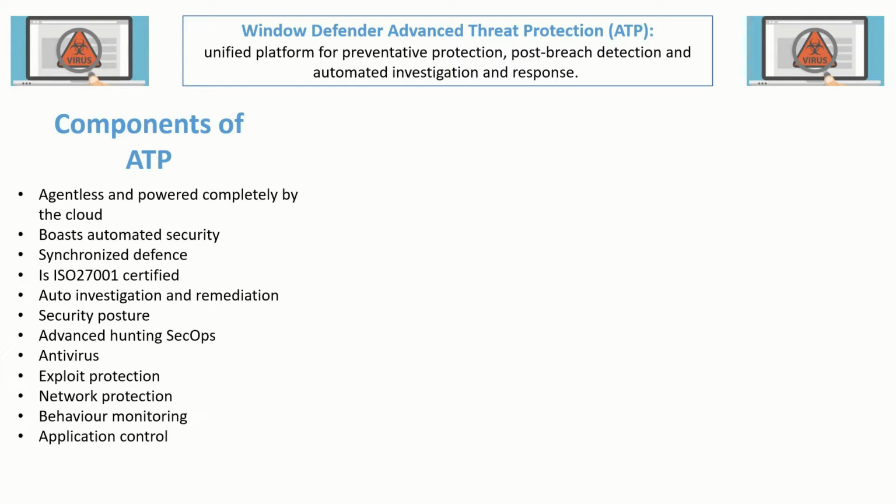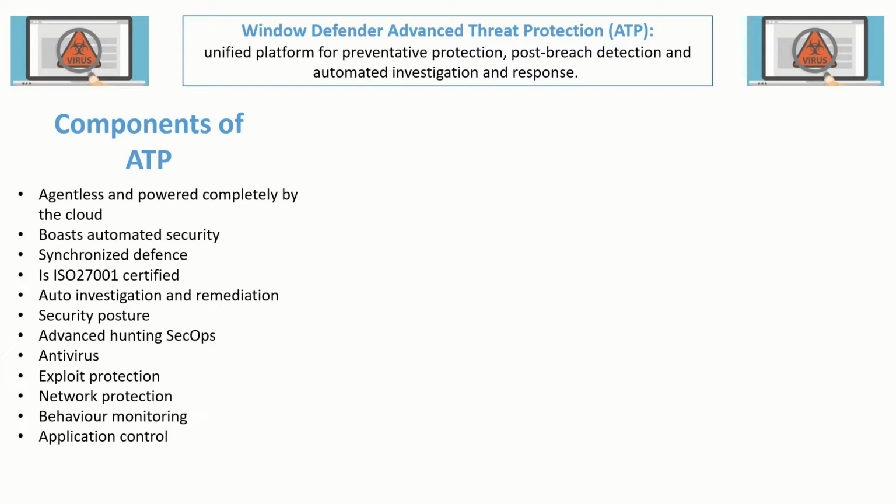It boasts automated security, which allows admins to go from alert to remediation within minutes by applying industry best practices and intelligent decision-making algorithms to determine whether a threat, file, or file list is active and what action to take.